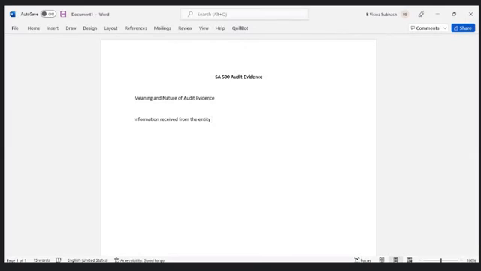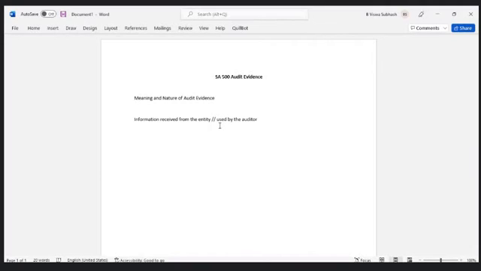But when we are talking about audit evidence, it has to be received from the entity. Information that is either received from the entity or used by the auditor. Or used by the auditor.